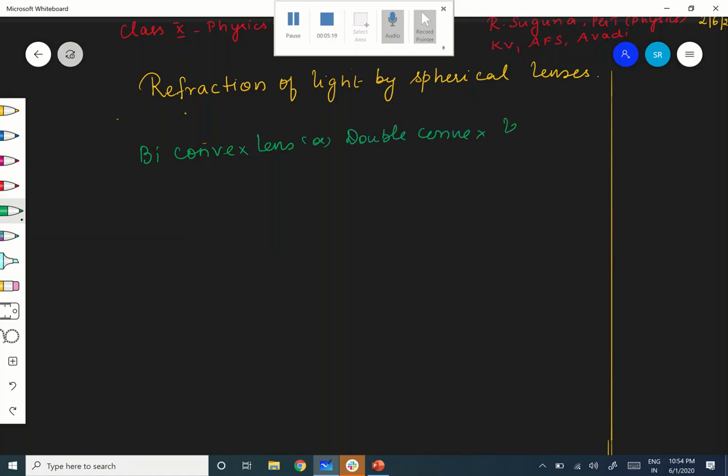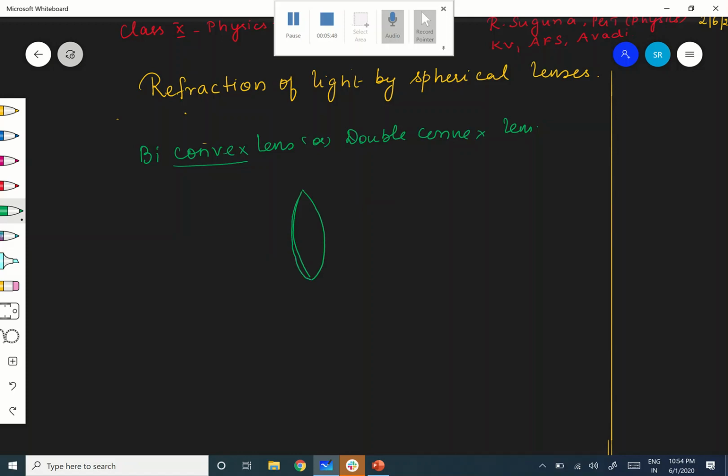What do you mean by that? A biconvex or double convex lens is a transparent medium bounded by two surfaces which are both convex. Both the surfaces are convex. Therefore, how to draw the biconvex lens? Like this. Are you following? This is one convex.